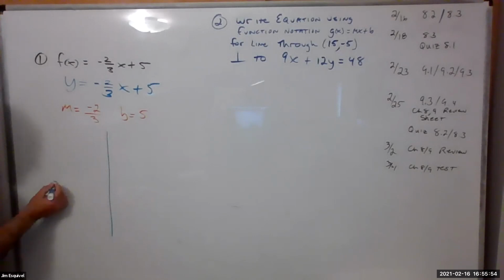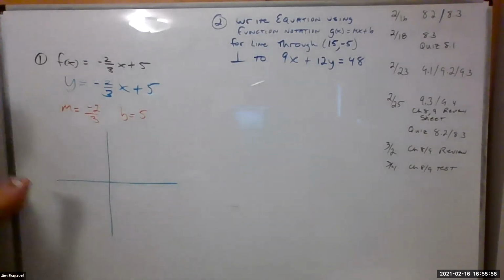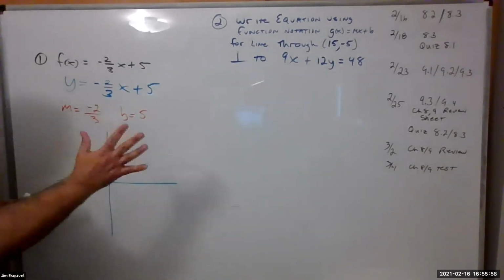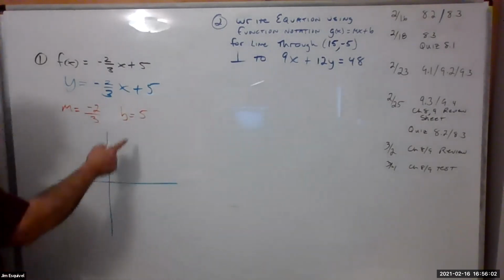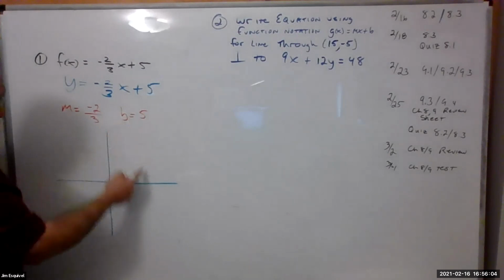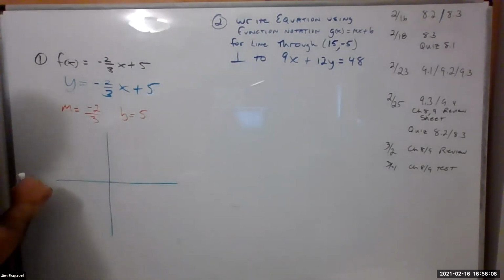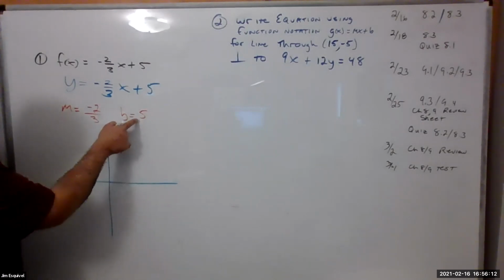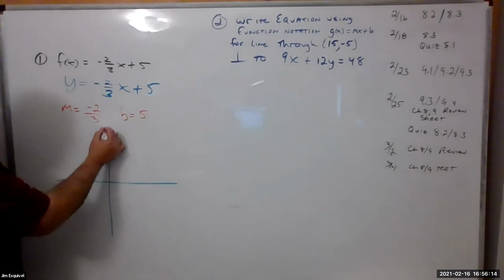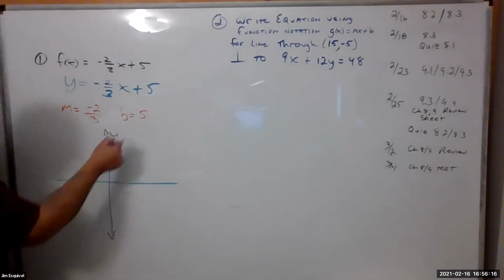So much better this semester than previous semesters. There was only, in all 3 classes total, less than a handful of people that put the y-intercept on the x-axis. The y-intercept is on the y-axis. Here's your y-axis. So it's at 5.